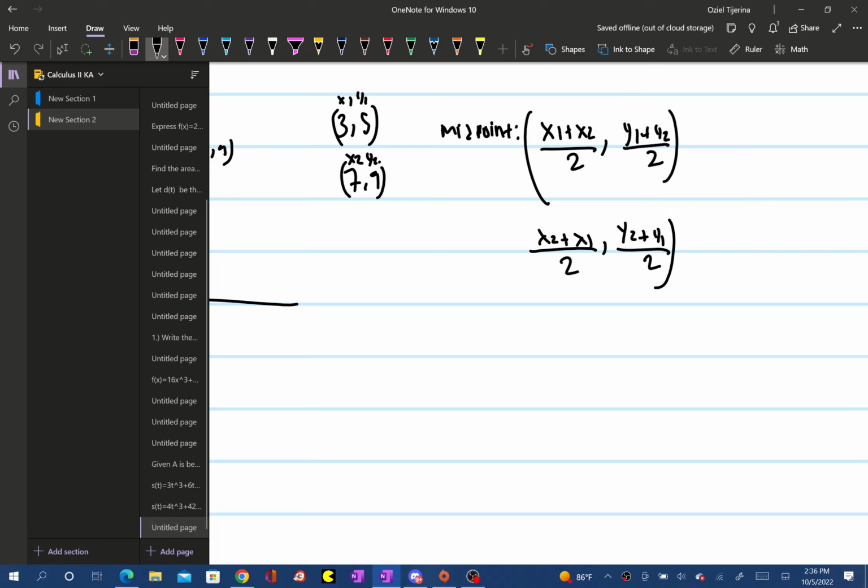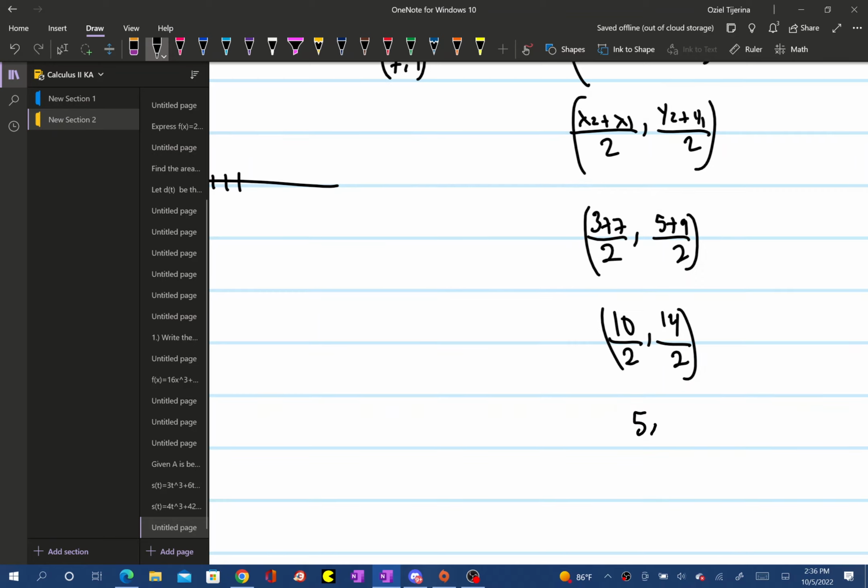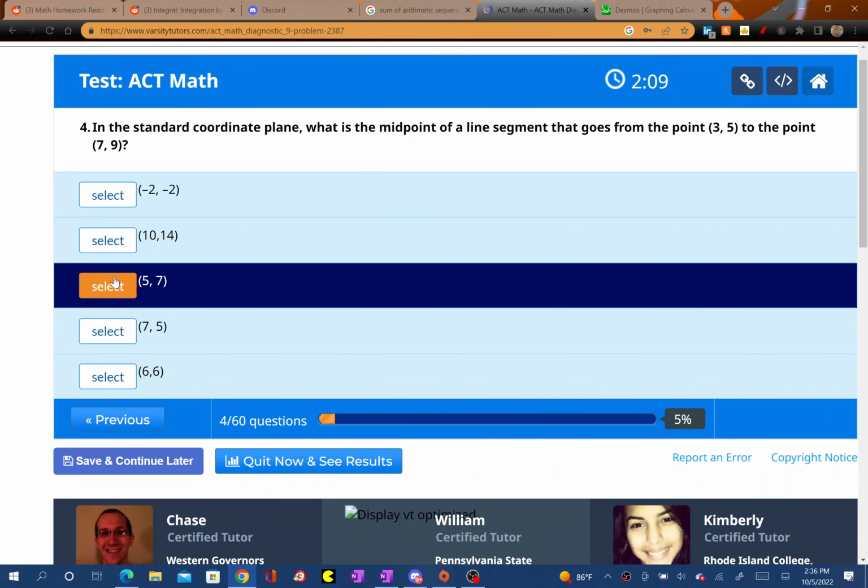It doesn't matter, as long as you add them. So x1 is 3, so we have 3 plus 7 over 2, comma, 5 plus 9 over 2. That gives me 10 over 2, comma, 14 over 2. So that gives me 5, comma, 7. So the midpoint should be 5, comma, 7. Okay.